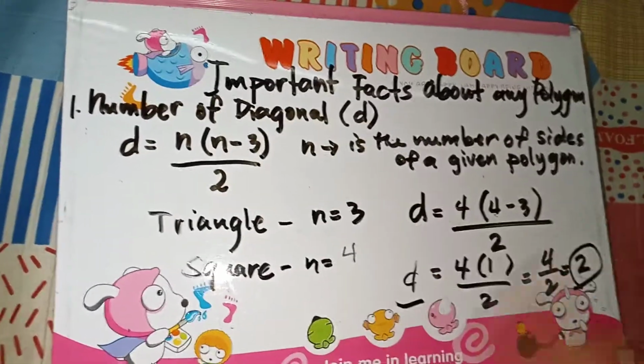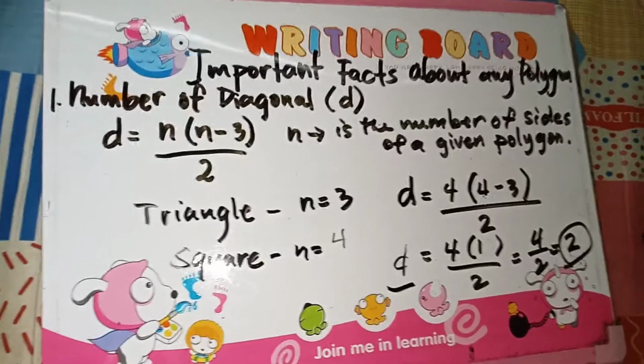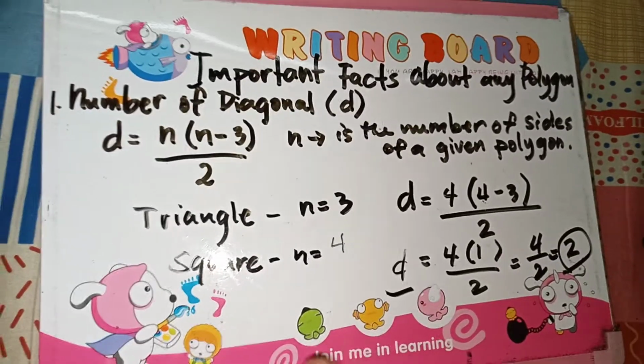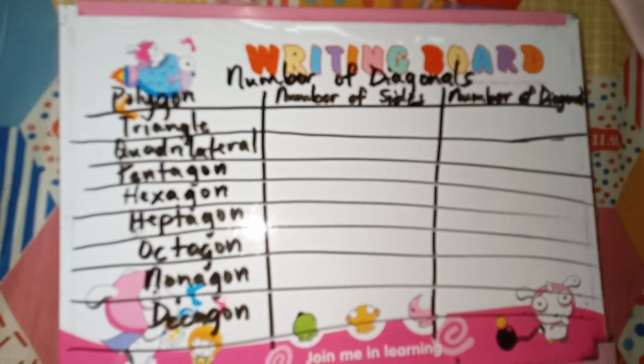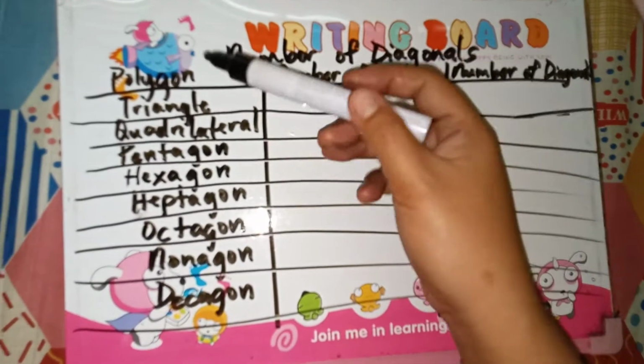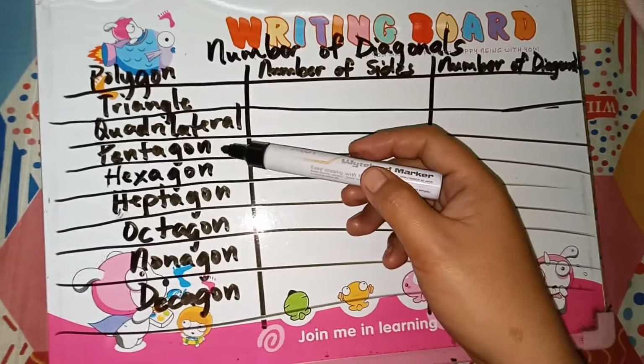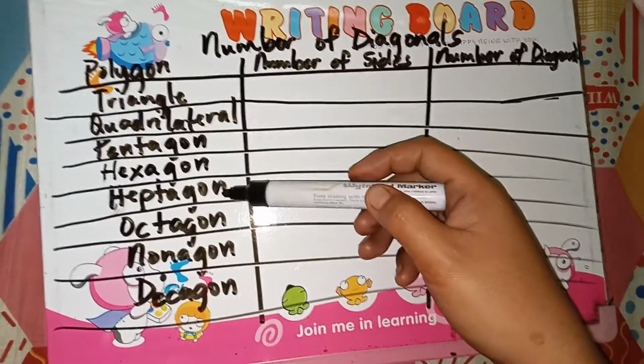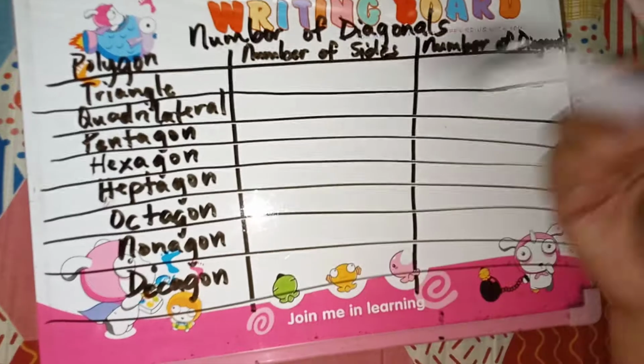I will give you a table chart for the number of diagonals of given polygons. Here we have the polygons: triangle, quadrilateral, pentagon, hexagon, heptagon, octagon, nonagon, and decagon.